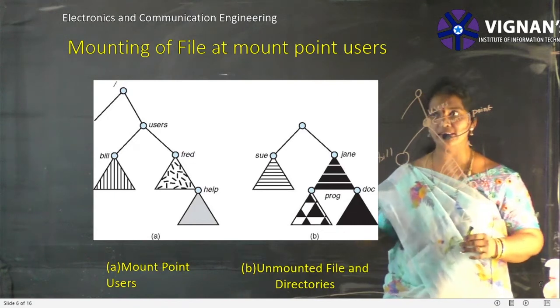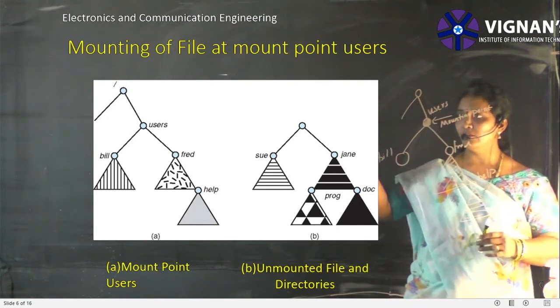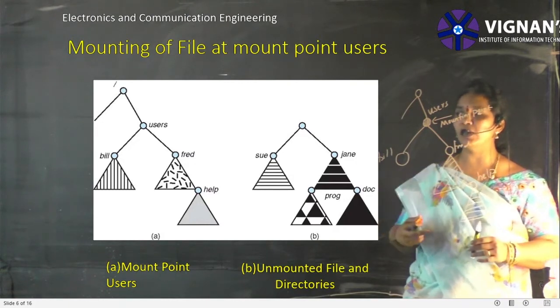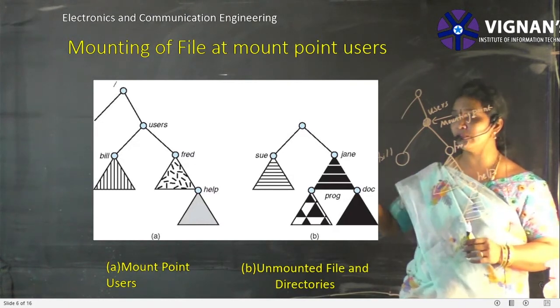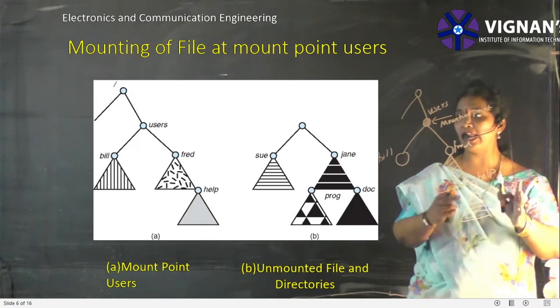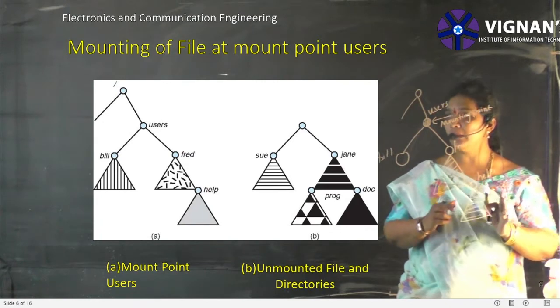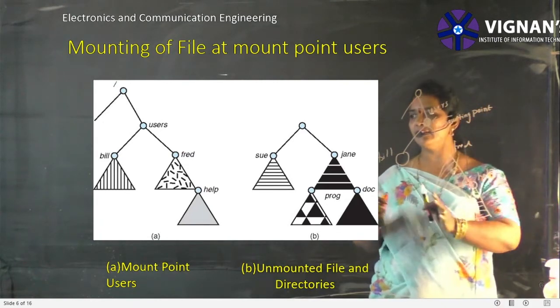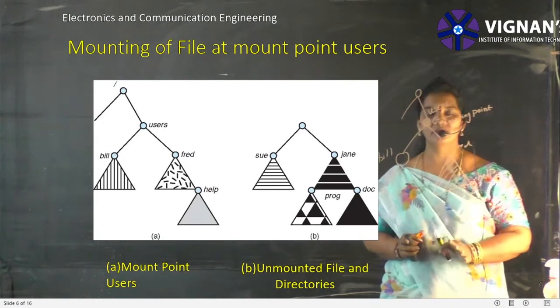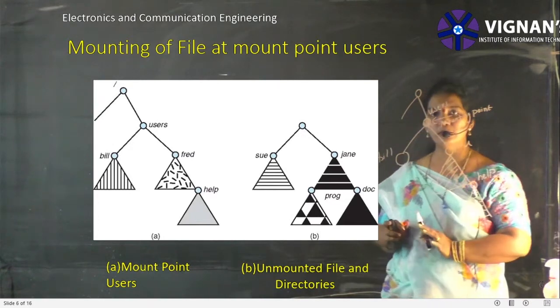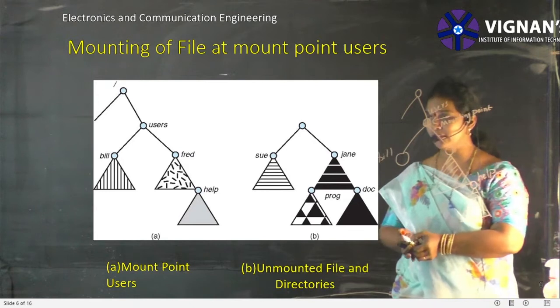In this example we have shown two types: the mounting point, shown as users, and the unmounted files and directories. The unmounted files and directories are Sue, Jane, program and doc, which have to be connected to the mounting point users.